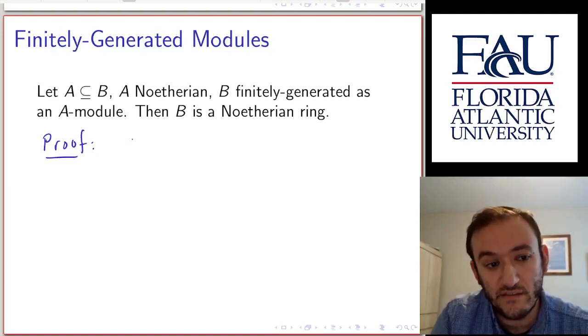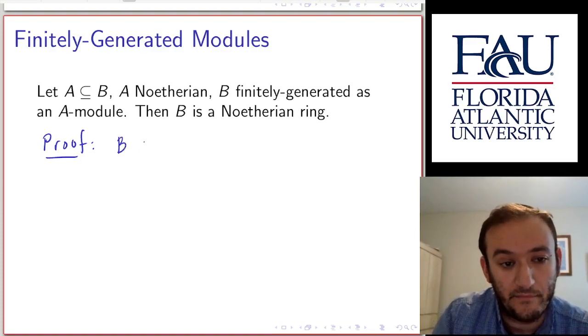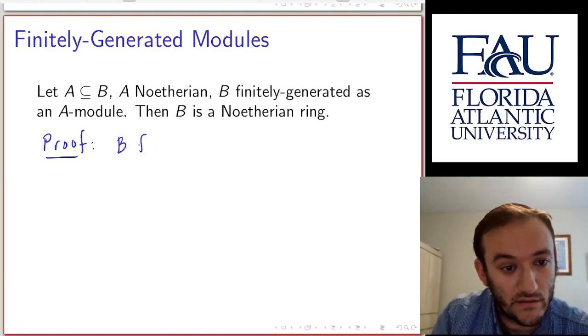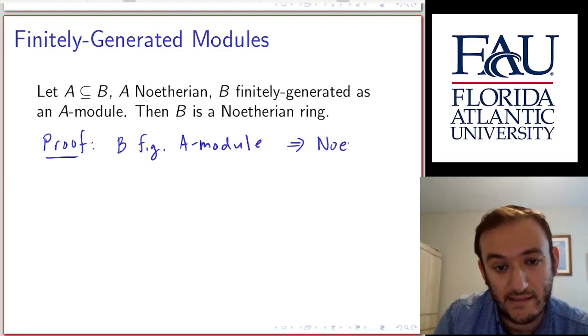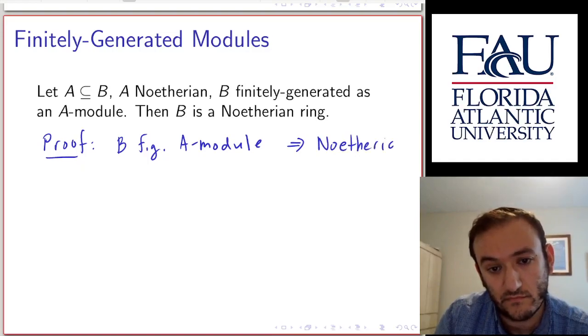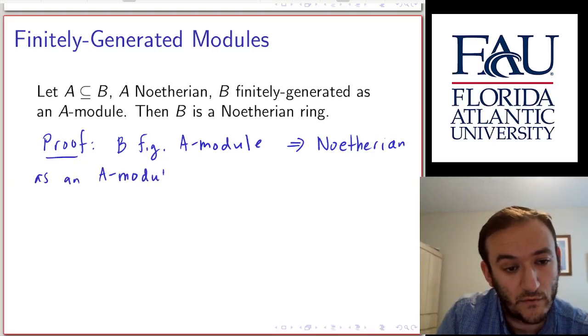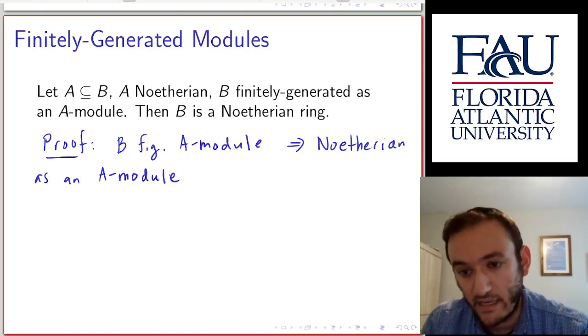So since B is a finitely generated A module, it is Noetherian as an A module. Okay, so B finitely generated A module implies Noetherian as an A module. Okay, and we proved this in the last chapter using exact sequences.